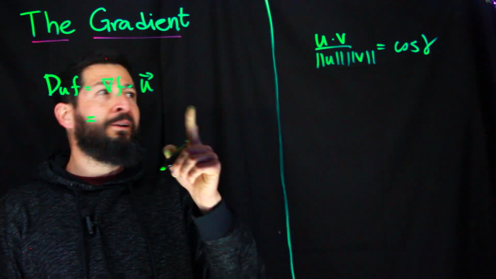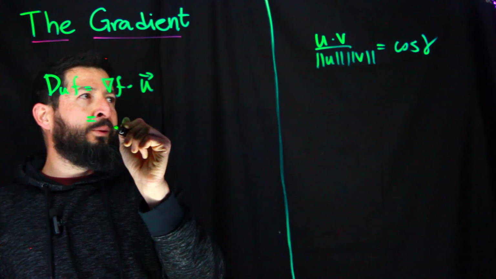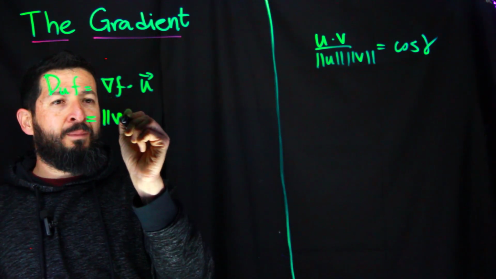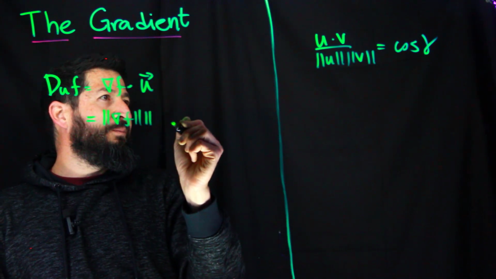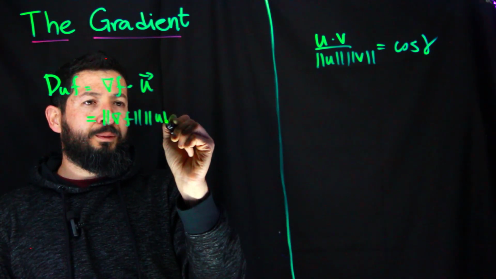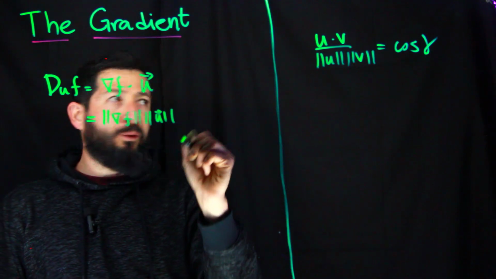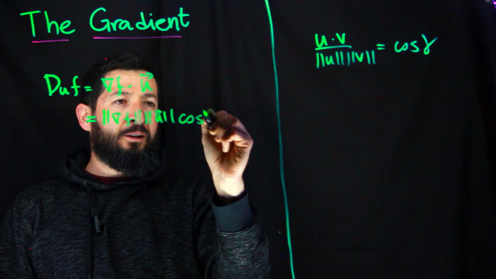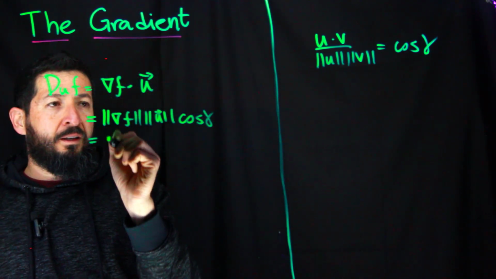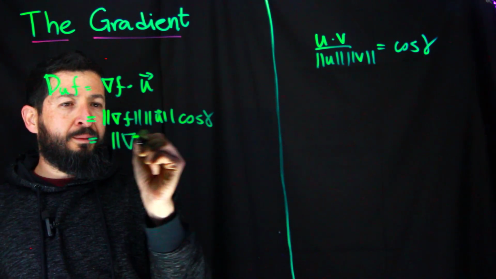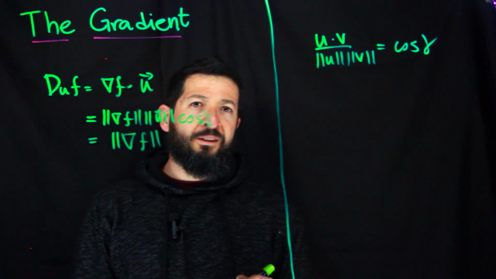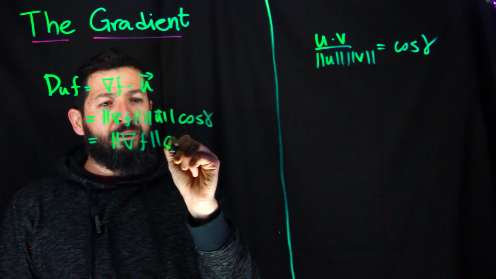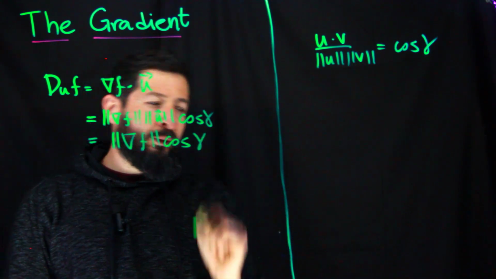It doesn't really matter. So if I multiply both sides, I get the magnitude of the gradient times the magnitude of u. u is a unit vector, so its magnitude is 1, and then the cosine of the angle between them.